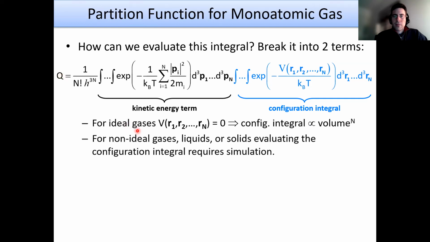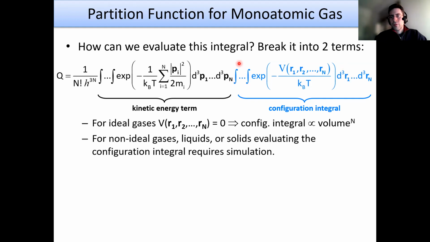Now, for ideal gases, we said that this term is equal to 0. So this configurational integral is proportional to volume to the nth power. Why? Because e to the 0 is 1, and then I'm just integrating this bunch of position vectors, which effectively are going to give me, for each one of them, a volume term appearing.